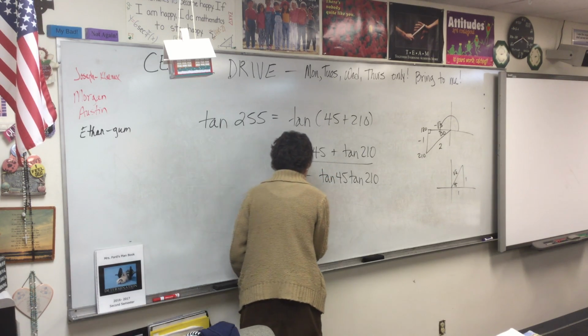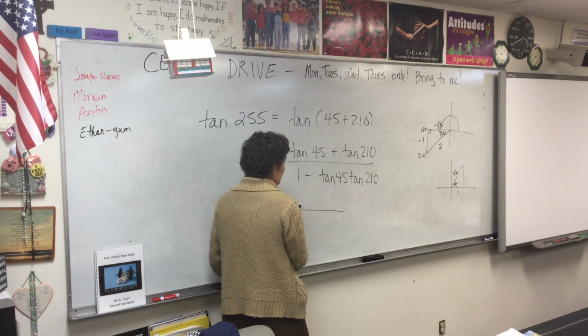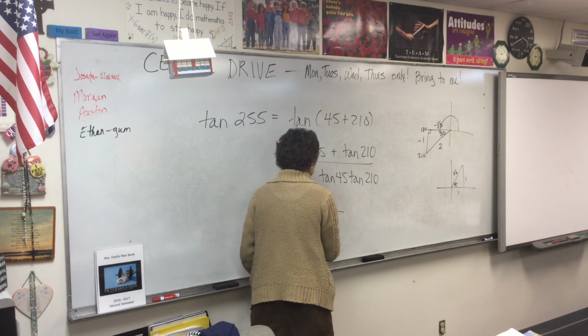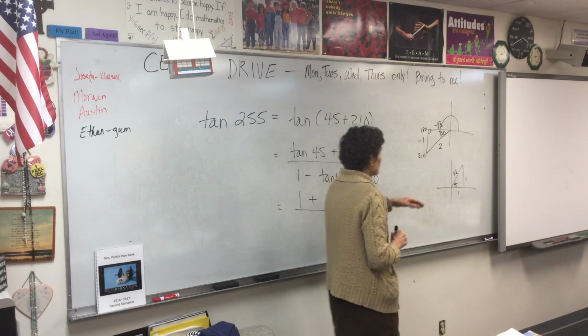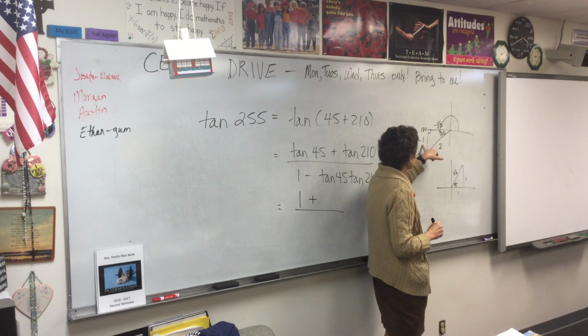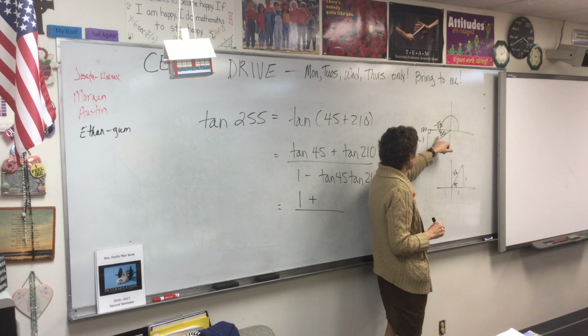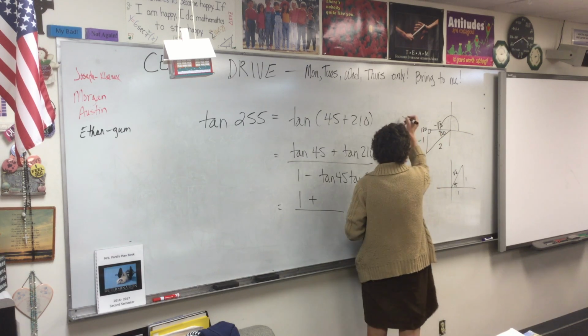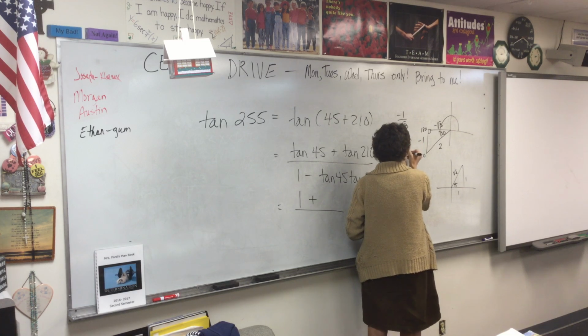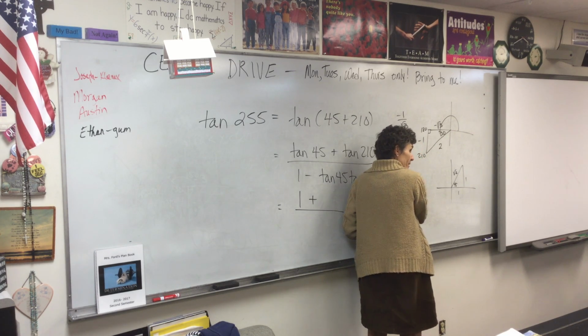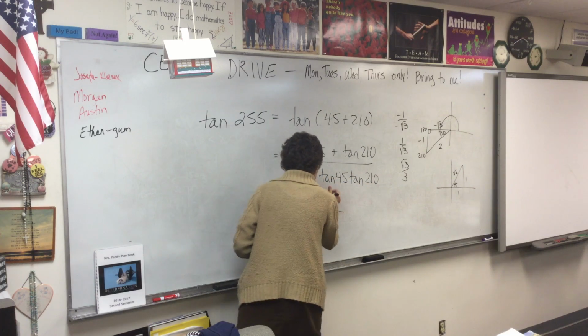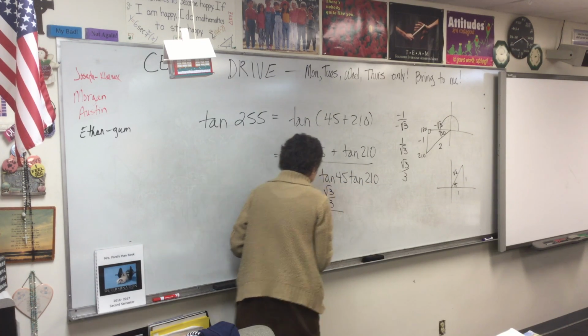Alright, so now we just go to the pictures that we drew and we plug in the values. So what do I put in for the tangent of 45? 1 plus, alright, what's the tangent of 210? Be careful. It'd be negative 1 over negative root 3, which is 1 over root 3, which is root 3 over 3. So that's the number going in here, root 3 over 3.